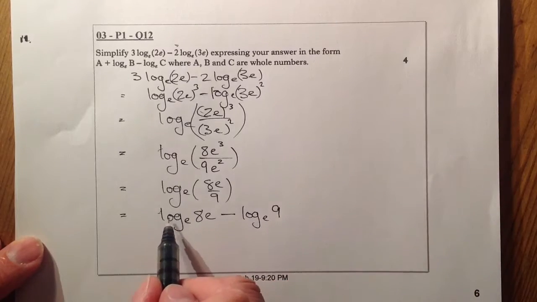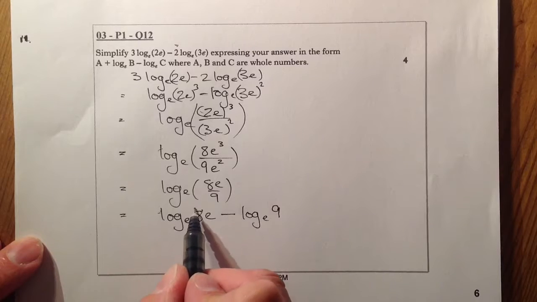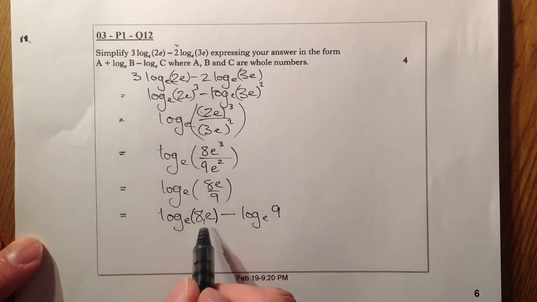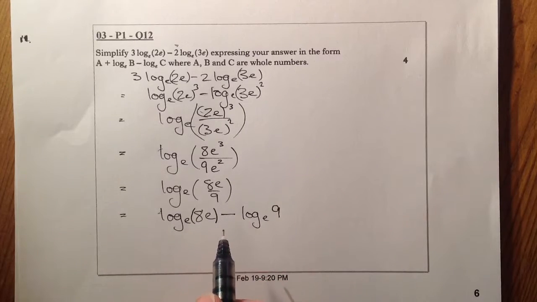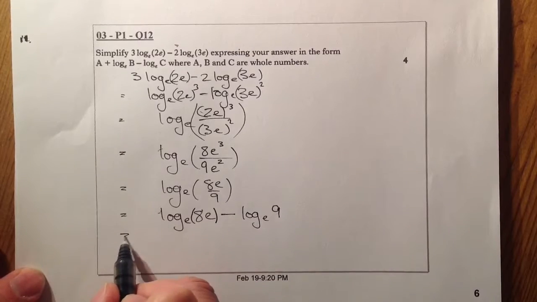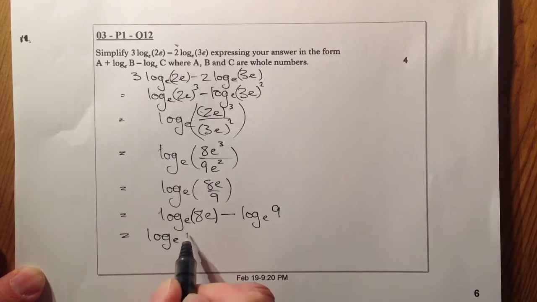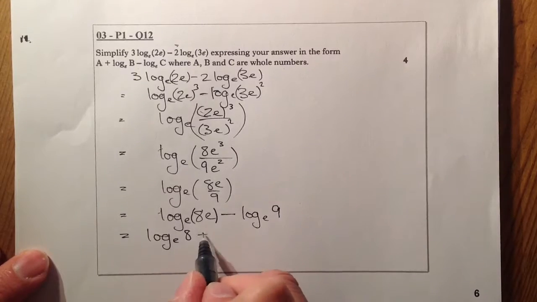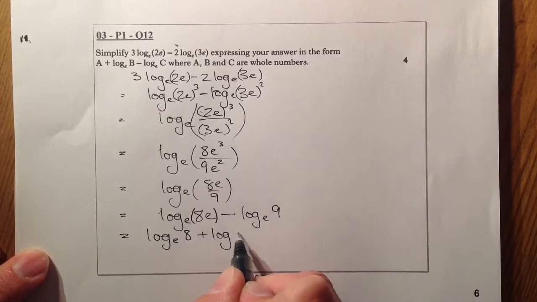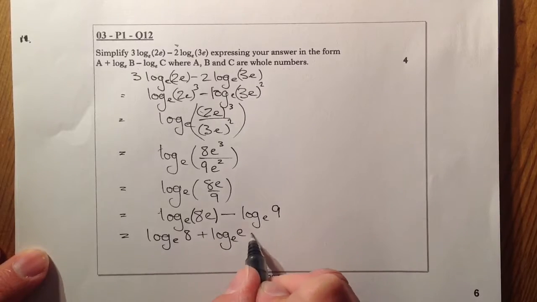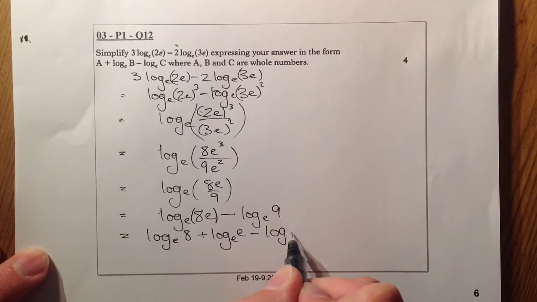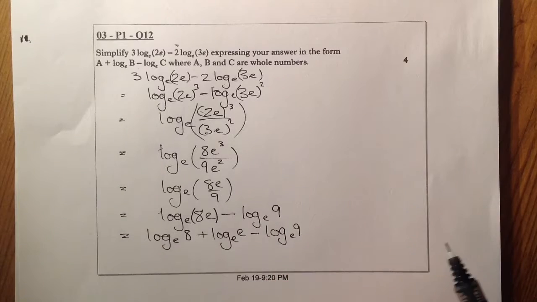Now I've got 2 things that are getting multiplied together, and I'll separate them out into logs as well, as 2 separate logs added together. So I have log_e 8, and I'm going to add on log_e e, minus log_e 9.